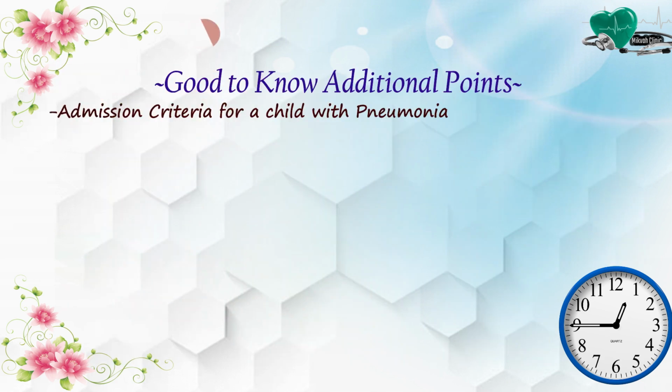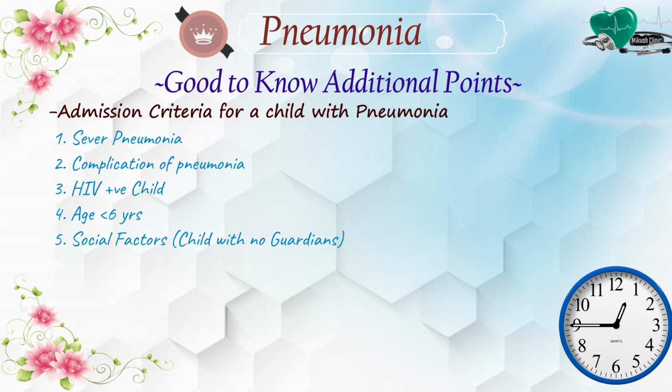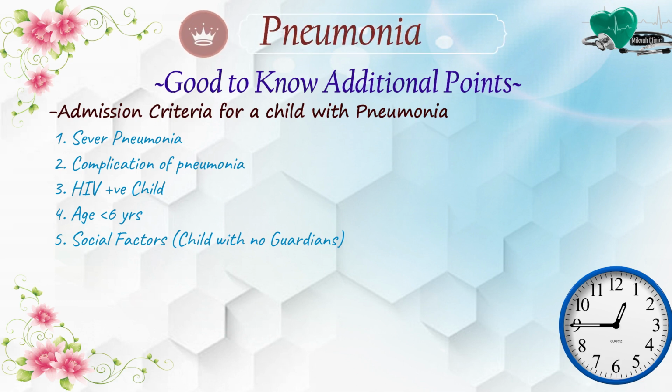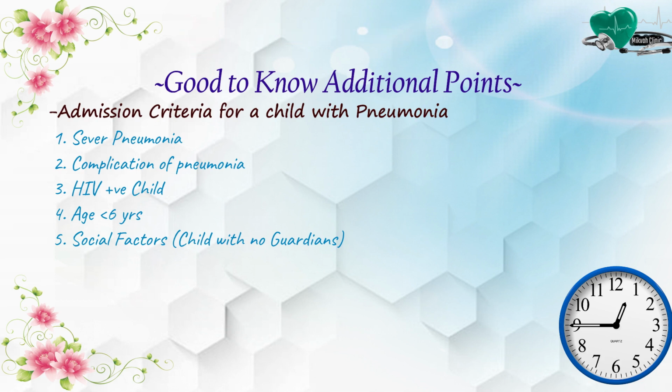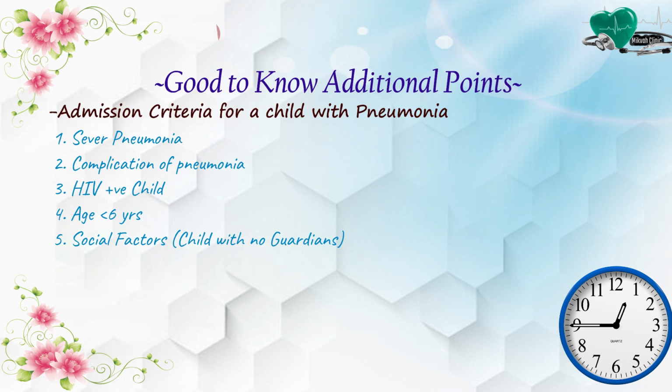When do we admit a child presented with pneumonia? One is the presence of severe pneumonia. The second one is the presence of any complications of pneumonia like parapneumonic effusion, empyema, pneumothorax, or septic infections like meningitis, infective endocarditis, dermatitis, and the like. A child who is HIV positive and developing pneumonia should always be admitted.